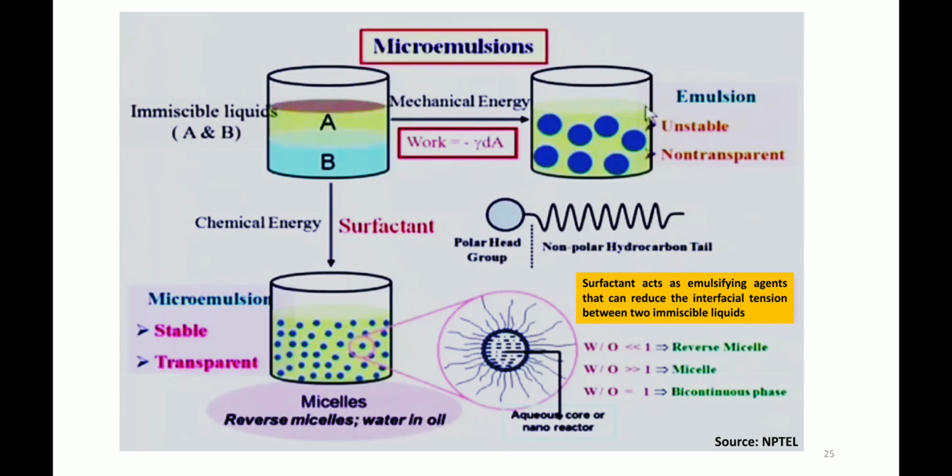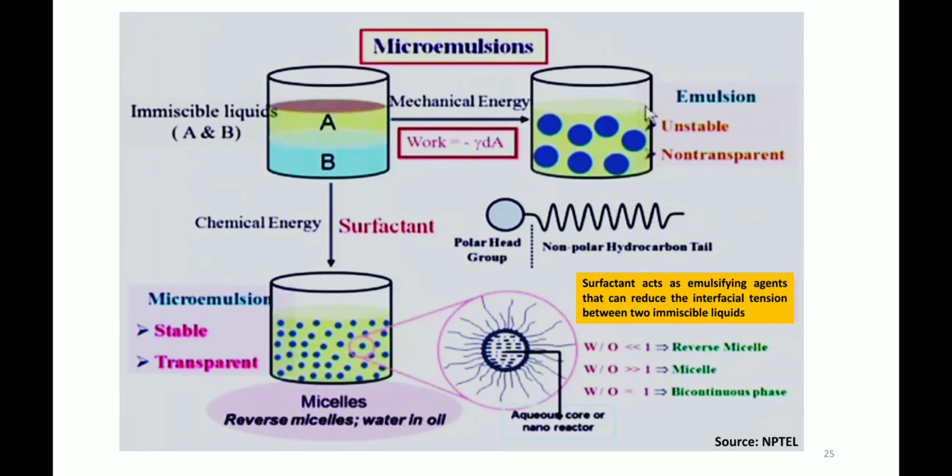Surfactants act as emulsifying agents that can reduce the interfacial tension between two immiscible liquids. So the role of surfactant here is very important. Without surfactant, you are not able to form the microemulsion.